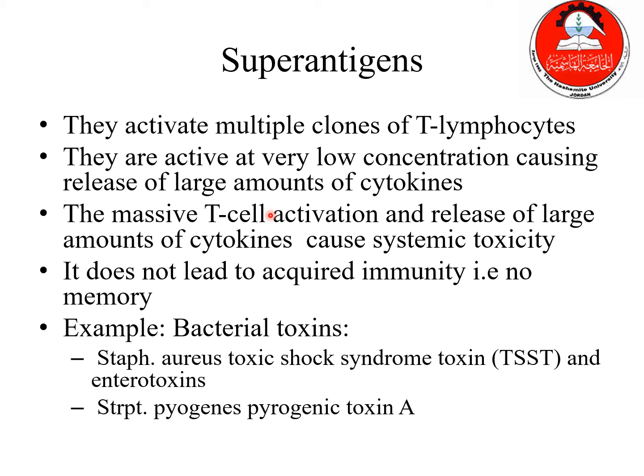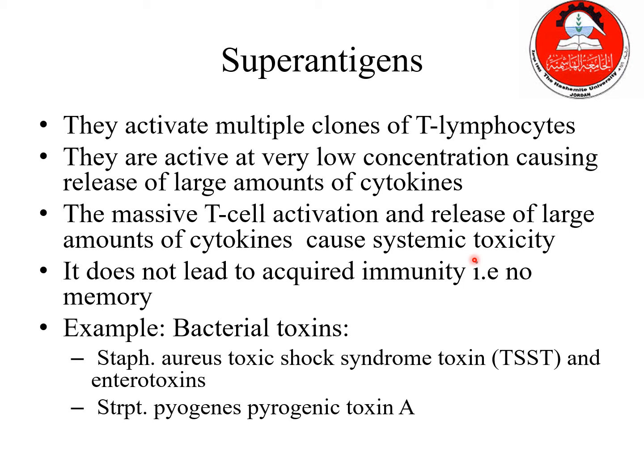Also, it's going to lead to release of large amounts of cytokines. These cytokines are going to further activate the immune system، وبالتالي بصير في عنا hyperactivation of the immune system, which might eventually lead to systemic toxicity. لأنه حكينا دائما we need balance in the immune system.